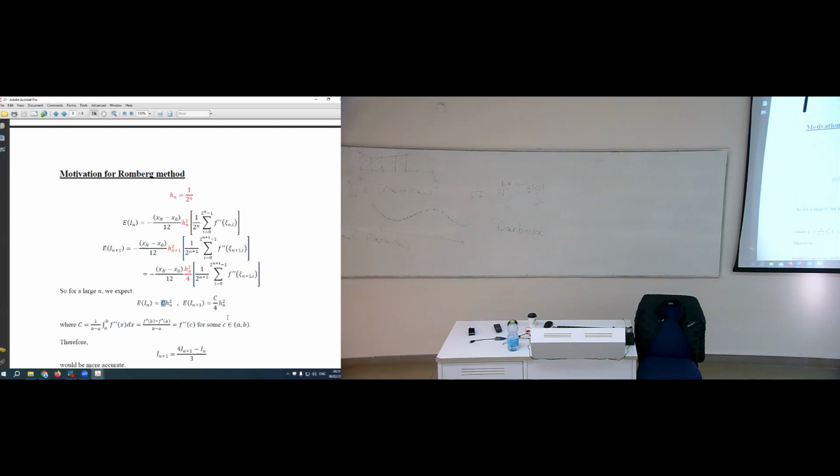So how can I build a more accurate one? If this is C, and if we don't have any error for this C, and this is equal, how can I build something which doesn't have any error? So if I take 4 of this minus 1 of this, the error of that evaluation is 0.